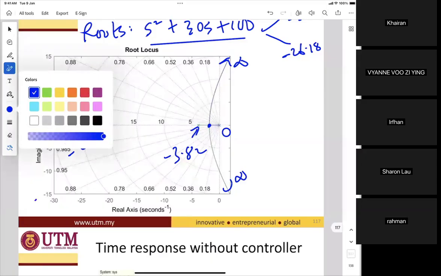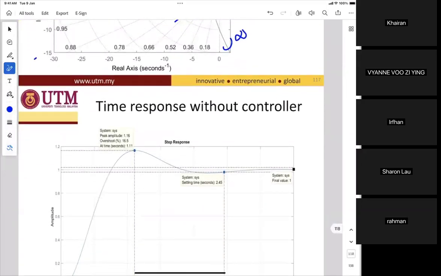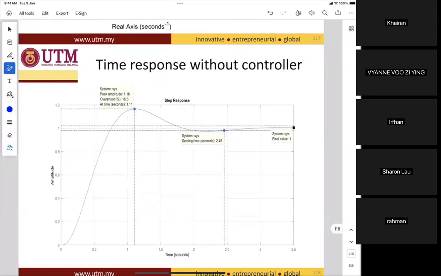So the time response without a controller, without a PID controller, uncompensated. Sharon Lau, steady state error? 0.